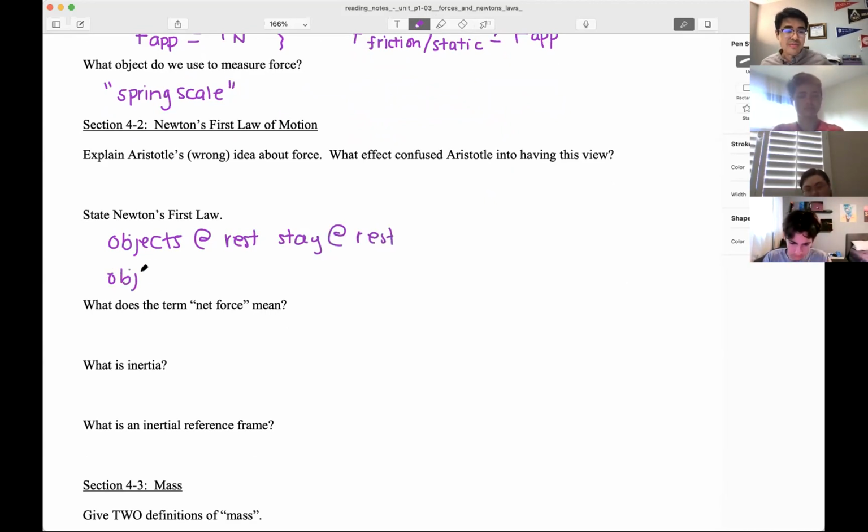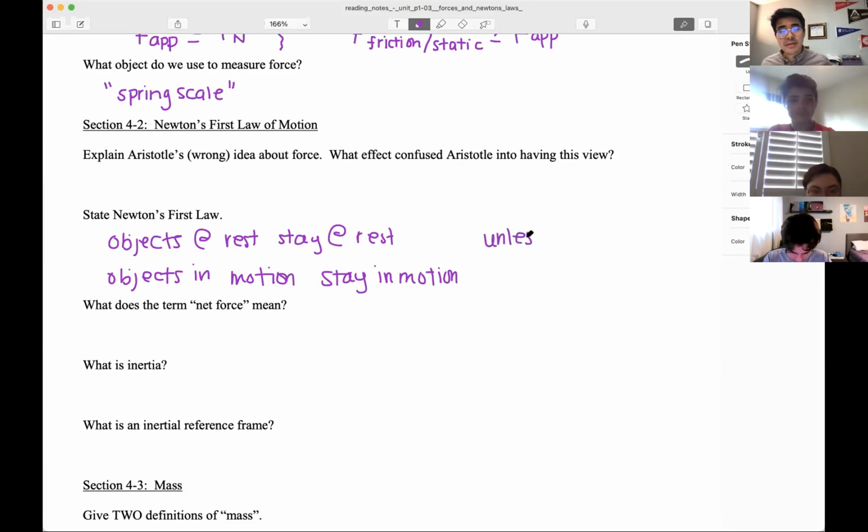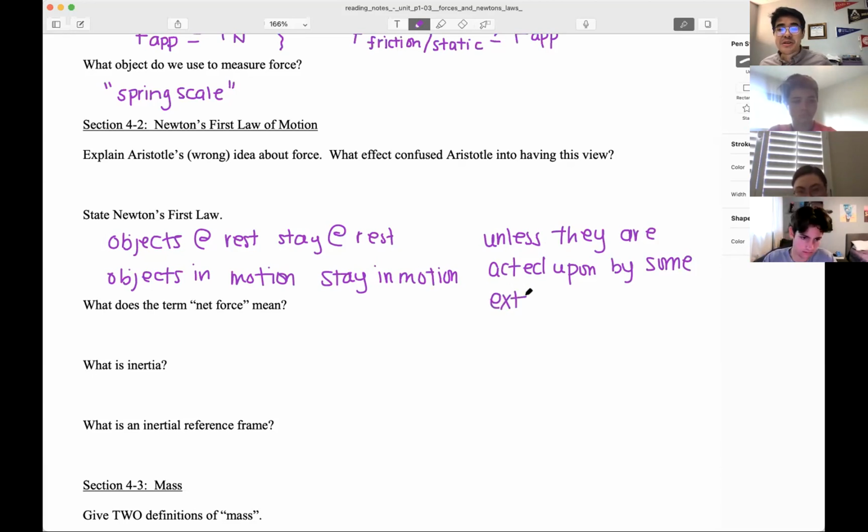Objects in motion stay in motion, unless what? Is it acted upon by some what? Is it opposing force? We're going to use the word external force.